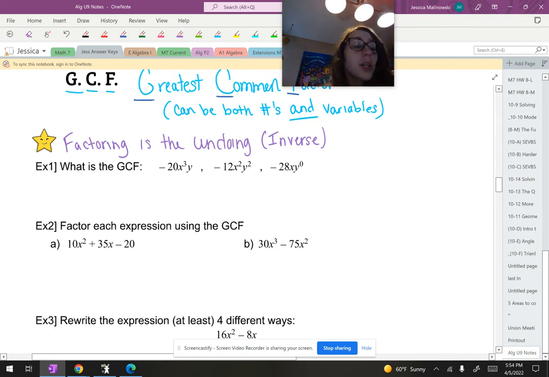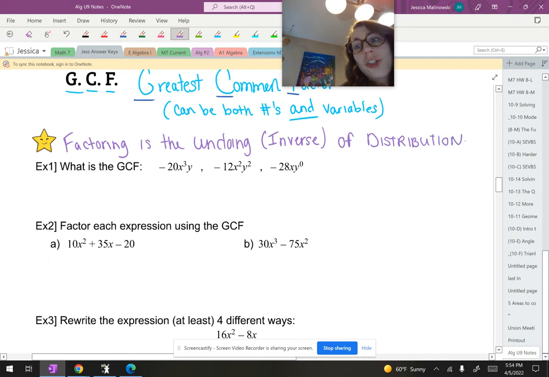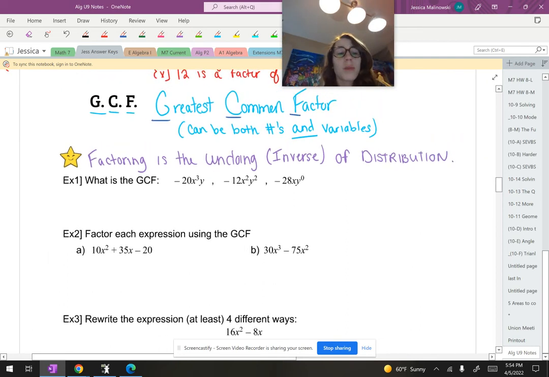Factoring is the undoing, or the inverse, of distribution. That makes sense because when you're distributing, what operation are you using? Yes, that is correct. You're using multiplication.